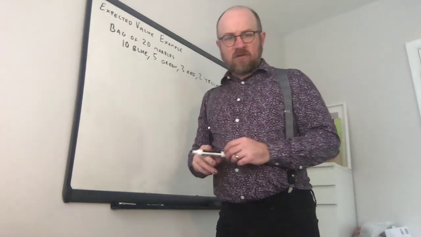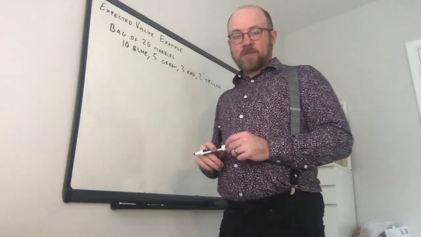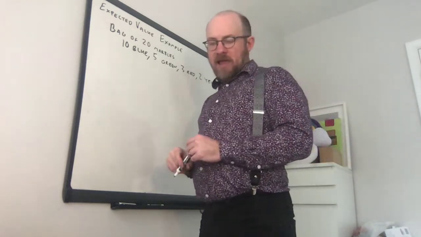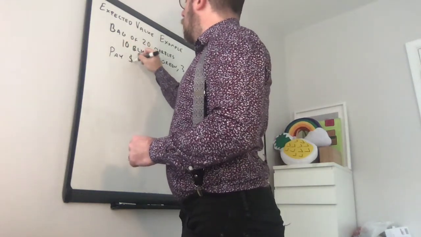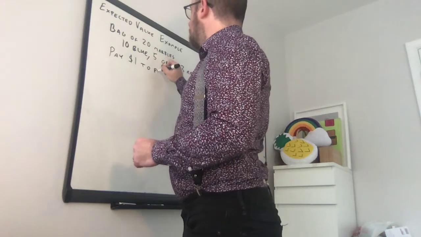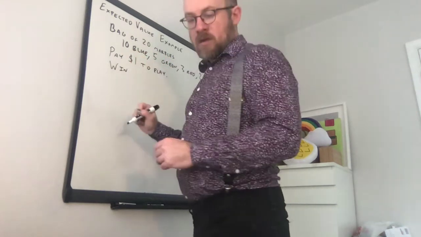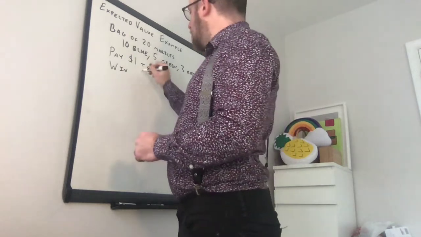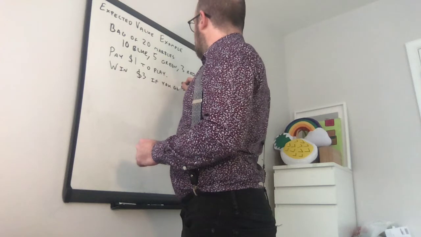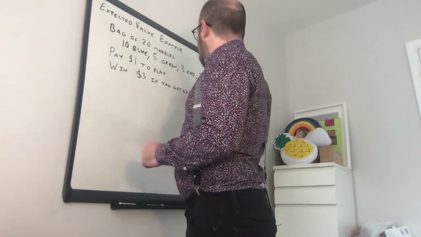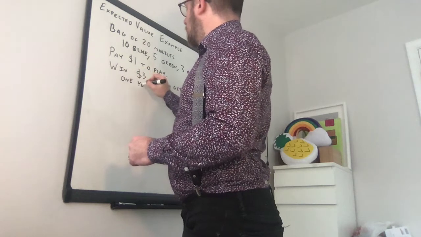So 10 blue, 5 green, 3 red, 2 yellow. And you're playing a game, and what you do is you pay $1 to play. You win $3 if you get exactly one yellow.